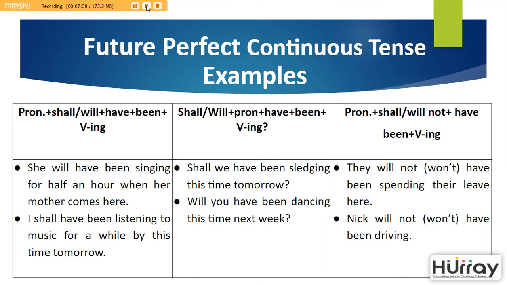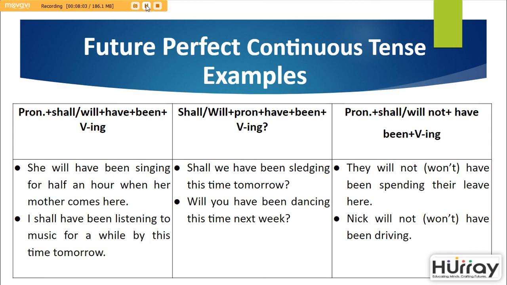She is your pronoun, will have been, singing is your verb ending in ing, for half an hour when her mother comes here is the rest of your sentence, which gives you the context. I shall have been listening to music for a while by this time tomorrow. So again, indicating the passage of time, that is this time tomorrow, and also the action that would have been completed.